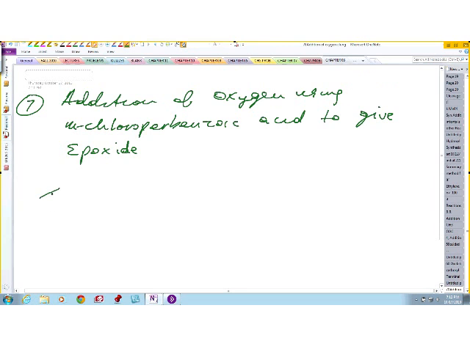Supposing we have this. We use this here, what we call m-chloroperbenzoic acid.